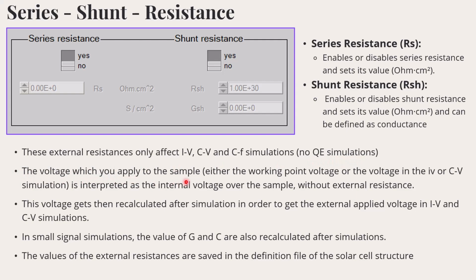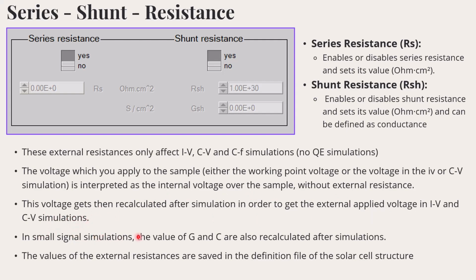The voltage which you apply to the sample, either the working point voltage or in the IV or CV simulation, is interpreted as the internal voltage over the sample with external resistance. So this voltage also gets recalculated in order to get the external applied voltage for the IV curve and the CV curve.